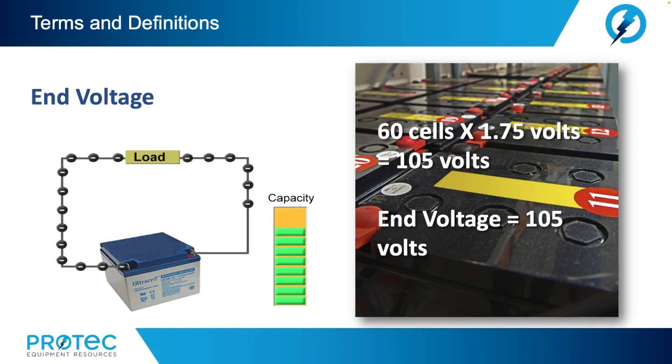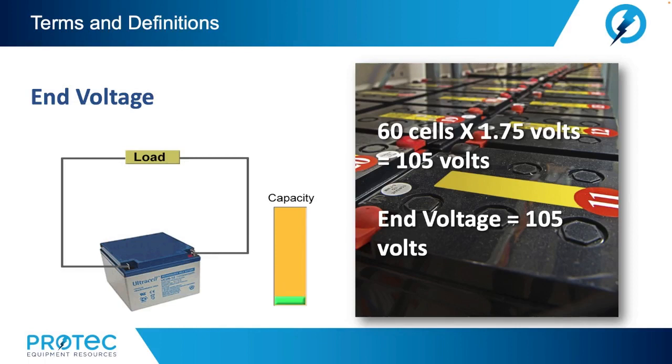Another term that we see a lot is end voltage. In batteries, the end voltage is the prescribed lower limit voltage at which the battery discharge is considered to be complete. The end voltage is usually chosen so that the maximum useful capacity of the battery is achieved.